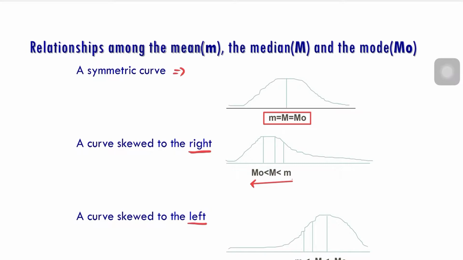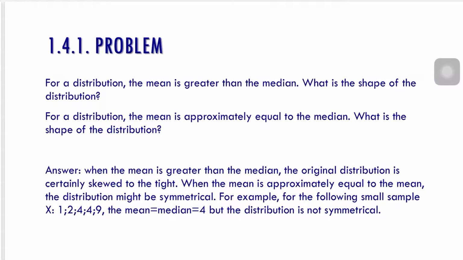As I mentioned, the median is the middle number, the mean is the average of our data set, and the mode is the most repeated number, which can be found easily.